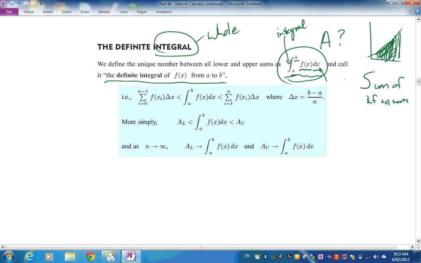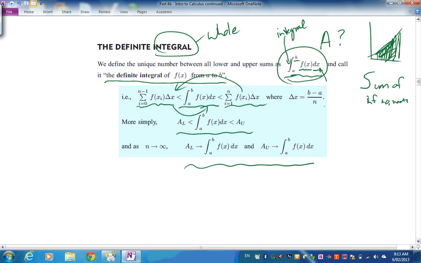So please remember now, this is your A. This is an estimate, this is an estimate, and if you take an infinite number of rectangles, this approaches this, they both approach the actual answer. So there's our inequality. Upper and lower sums both approach, what's this?